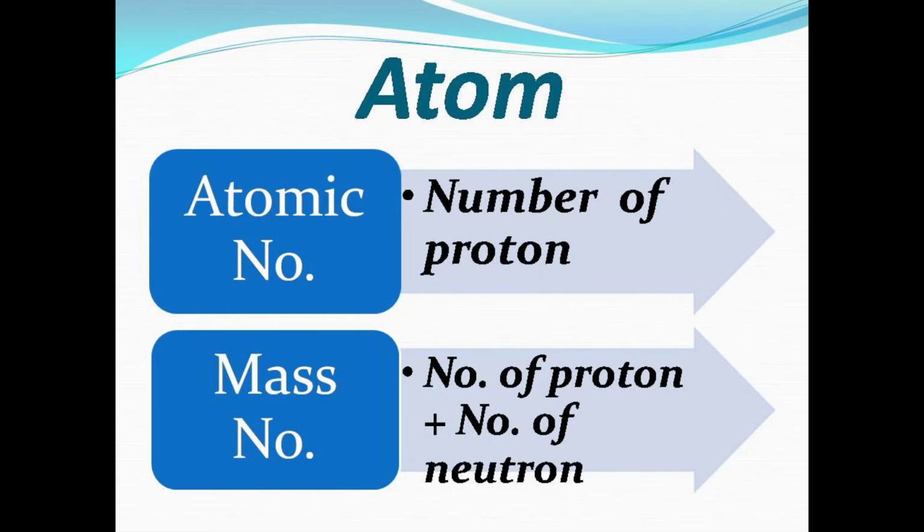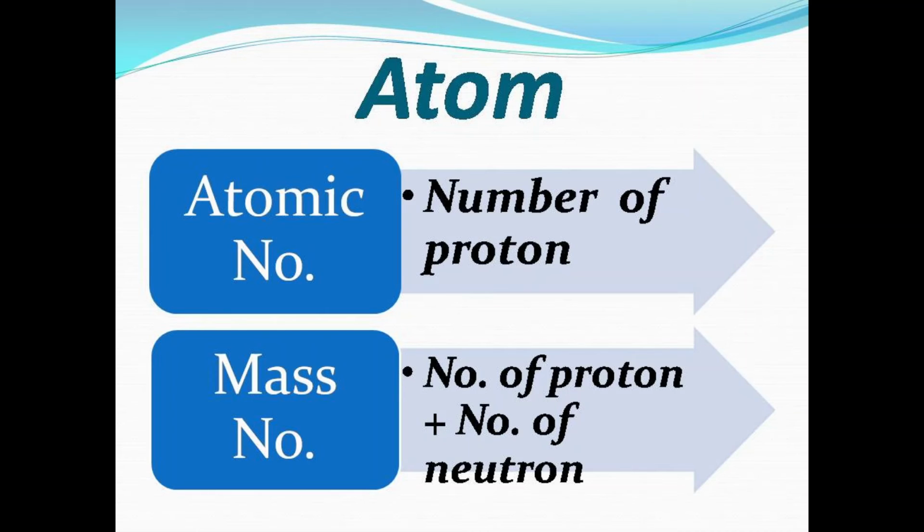Moving to the mass number, it is the sum of the number of protons and the number of neutrons. Here we are not considering electrons, because electrons are negatively charged and the mass of anything can never be negative or 0.